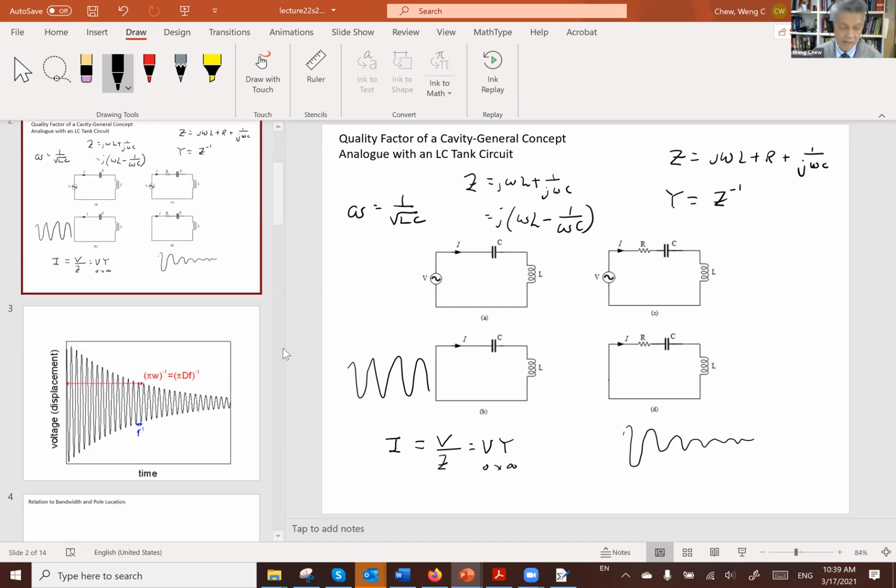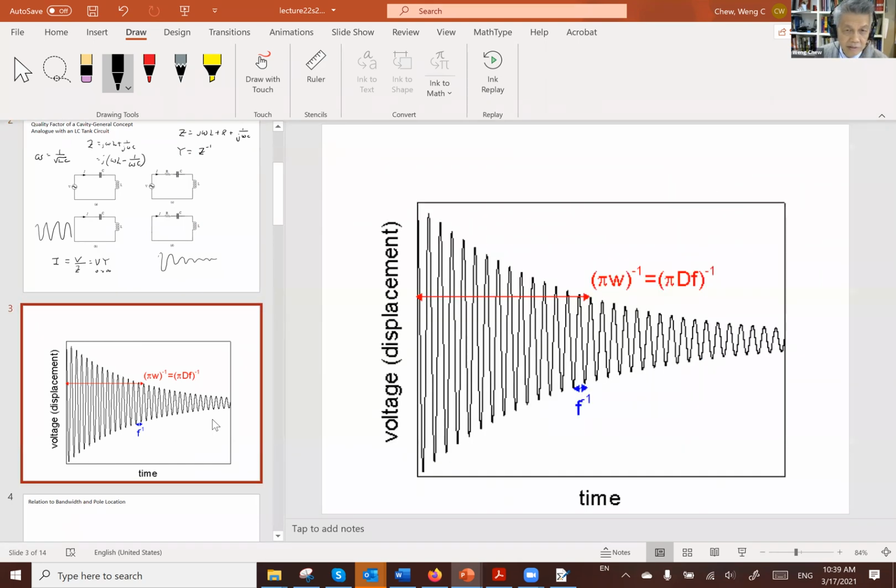And how does this translate to some real-life applications? You will see that when you observe the voltage in the LC tank circuit, it would diminish to 0 with respect to time because of the loss present.